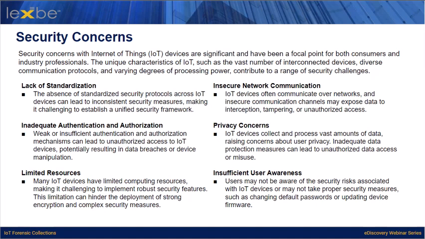There's also inadequate authentication and authorization, which could lead to a lot of data breaches or device manipulation. There's limited resources. Many IoT devices have limited computing resources, making it challenging to implement robust security features.